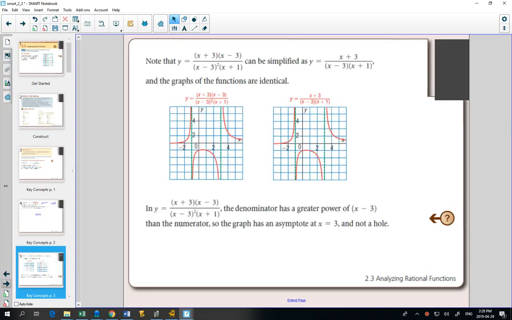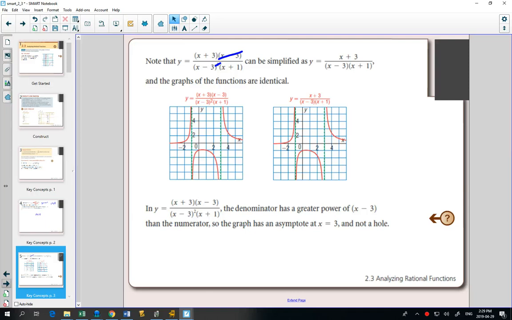Sometimes, in this case here, one of them cancels out, but you're still left with another x minus 3 on the bottom, then you'll still have a vertical asymptote. So whatever non-permissible values are left at the end of your simplification will stay vertical asymptotes. If a factor canceled out and isn't there anymore, then you'll have a hole in your graph.